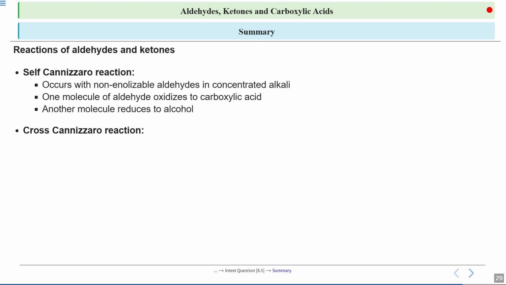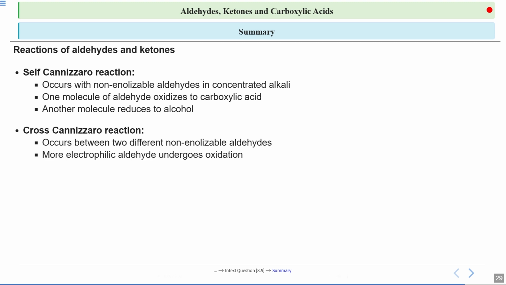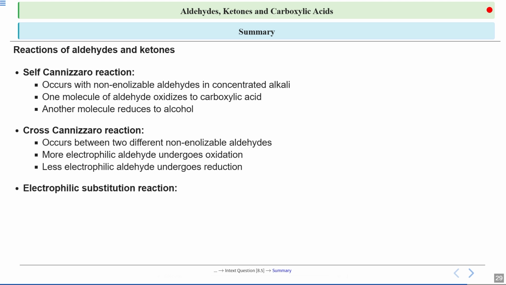Then we talked about the cross-Cannizzaro reaction. It occurs between two different non-enolizable aldehydes, where the more electrophilic aldehyde undergoes oxidation, whereas the less electrophilic aldehyde undergoes reduction. Then we talked about the electrophilic substitution reaction. In this reaction, the carbonyl group is a deactivating and meta-directing group.